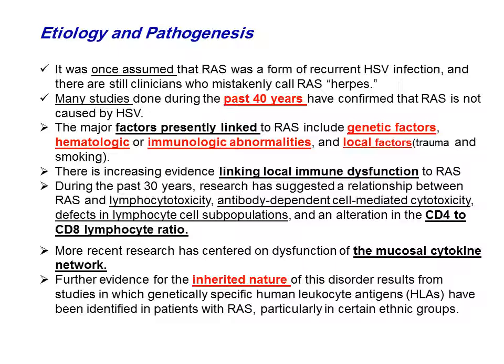All these factors may be associated with recurrent aphthous stomatitis. Also, evidence showed an inherited nature of this type of stomatitis. A study showed a genetically specific human leukocyte antigen, HLA, identified in patients with recurrent aphthous stomatitis in specific ethnic groups.